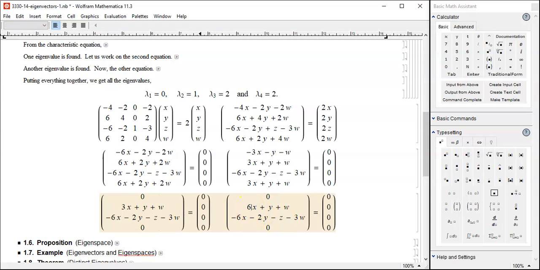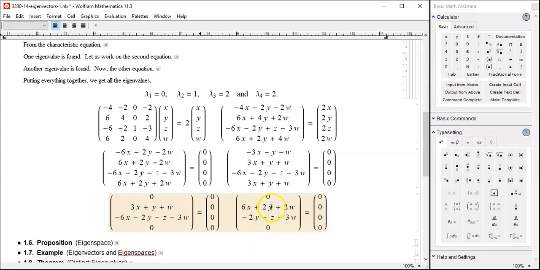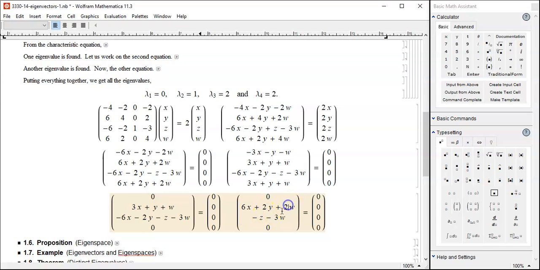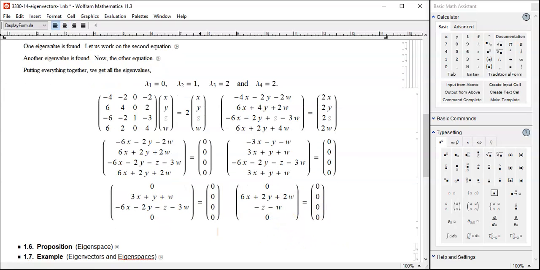Multiply by 2, then 6x, 2y, 2w, and let's add this one to the third line here. 6x, 6x, that's going to be gone. And 2y, 2y, that's going to be gone. And z, that's okay. 2w minus 3w, so I'm going to get z minus w. Okay, all right. So we get negative z minus w is equal to 0.